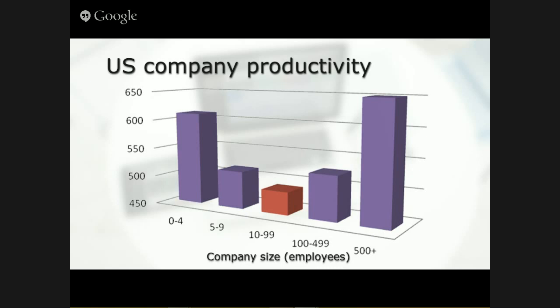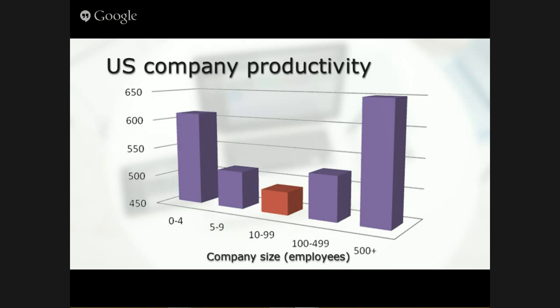If you plot, just like I've done here, productivity against company size, what you get is this kind of bathtub effect, where right at the bottom of the bathtub, figuratively where the water runs out, a company is employing 10 to 100 people. Smaller companies are more productive and larger companies are more productive.